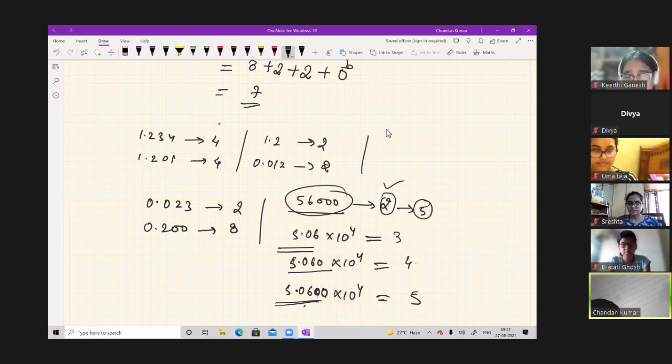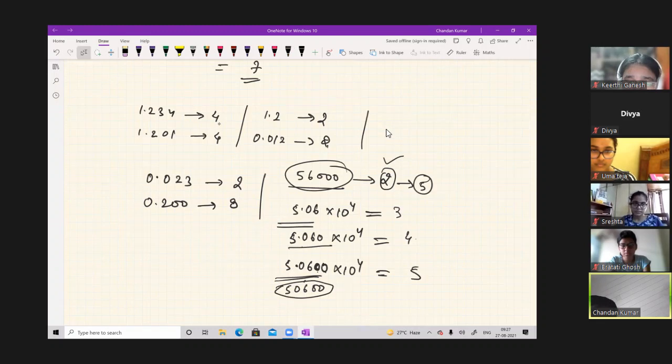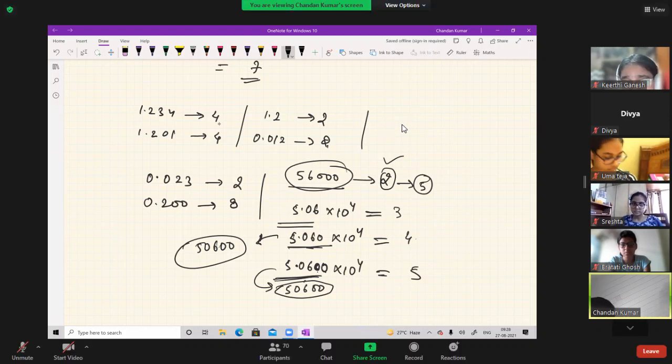Imagine 50600. Here also it will be violated. So when we change into a power, the thing changes. Power calculation is done differently.